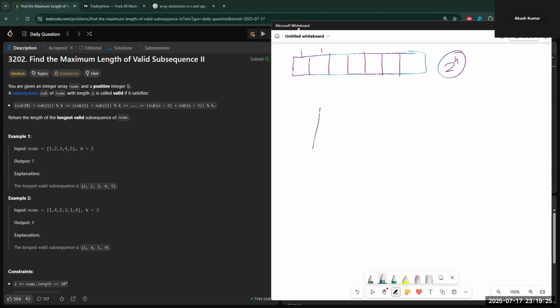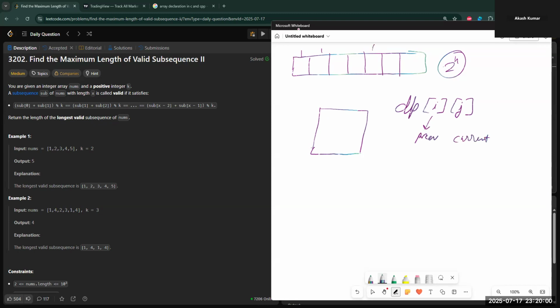So in this we will do DP, where DP[i][j] represents the previous modulo and current modulo.